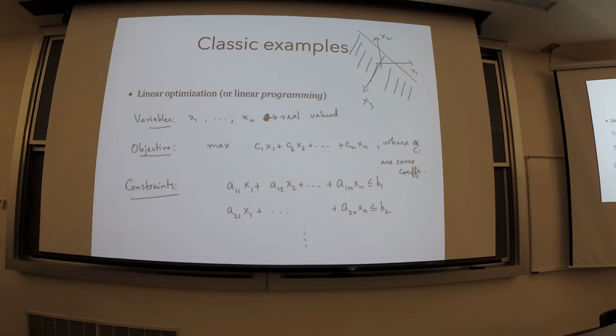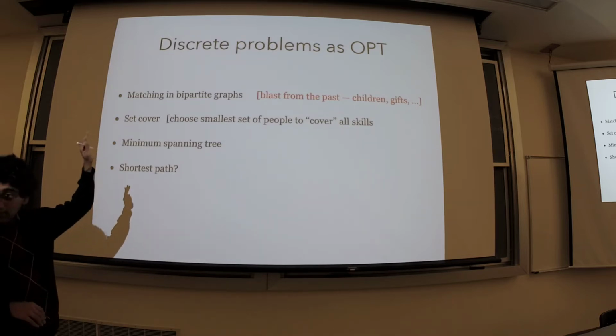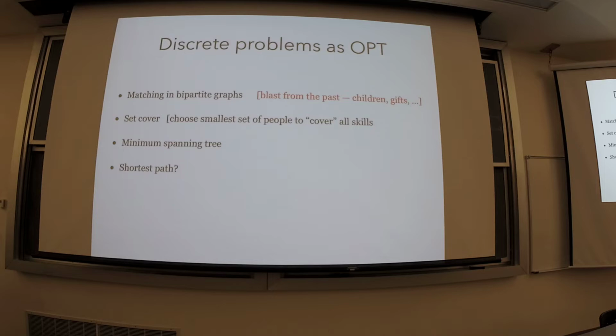Alright, so that's linear optimization. Okay, so our goal will actually be to write discrete problems as optimization. Okay, and we'll see how this can be an interesting thing to do. Okay. So I put up here a few things that you've seen before. Some of these things you've seen a while ago, so I will redefine those problems.